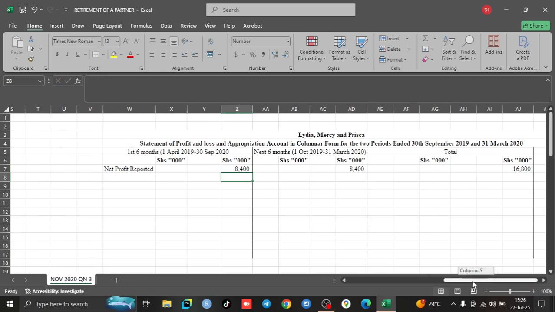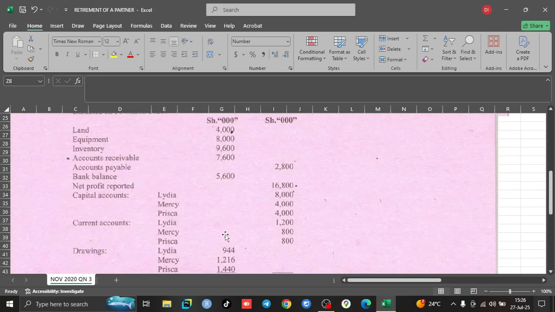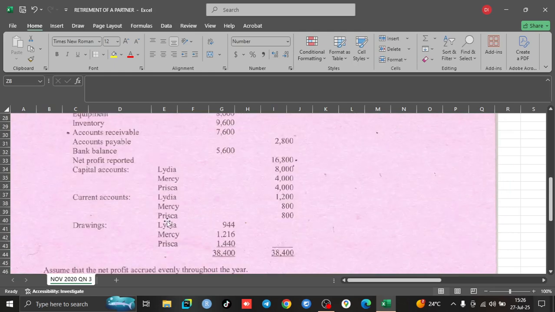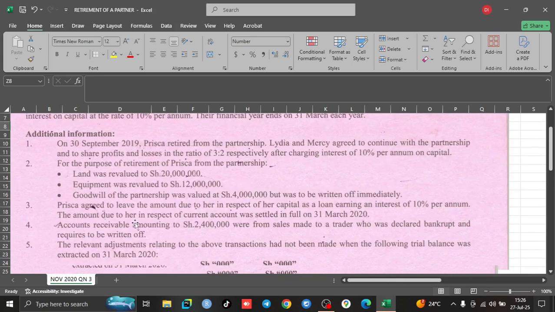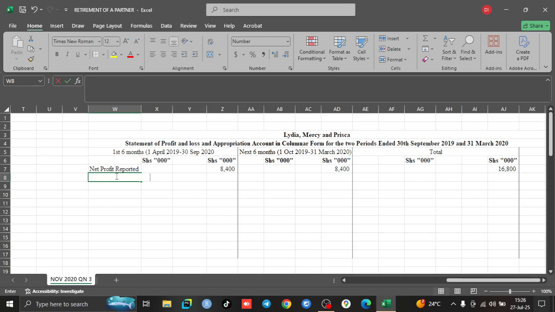Then when you're given this net profit, you have to check for any expenses that you will adjust before you go to the appropriation account. For instance, we have one expense here. The expense is the accounts receivable, which are to be written off. Because the trader is declared bankrupt during the year, we have to write them off, and bad debts is an expense. So less bad debt expense.